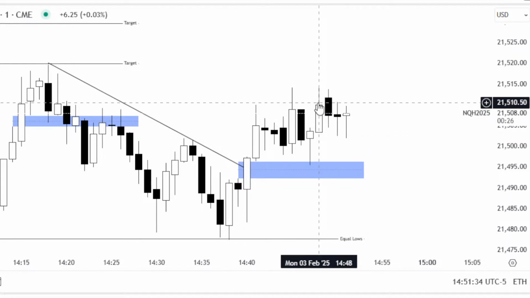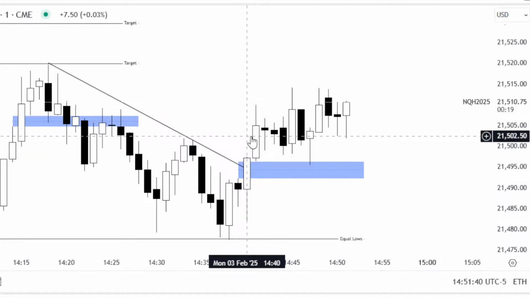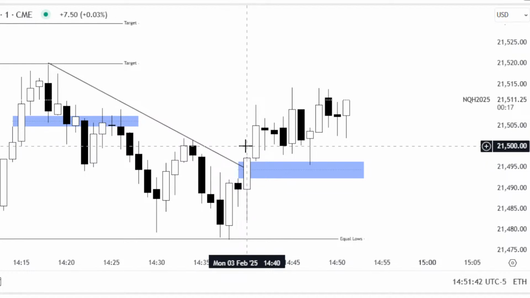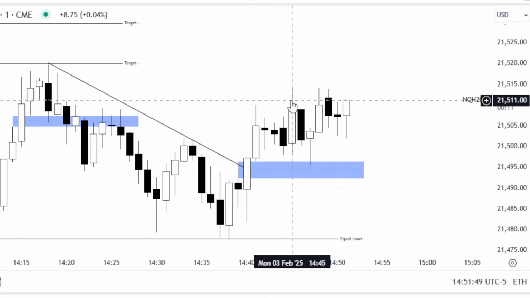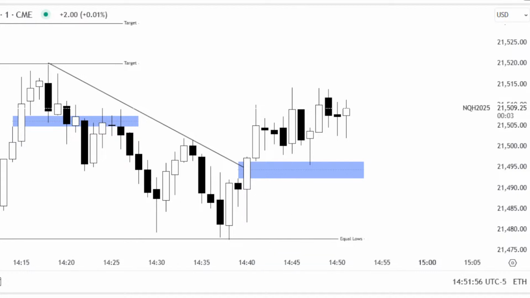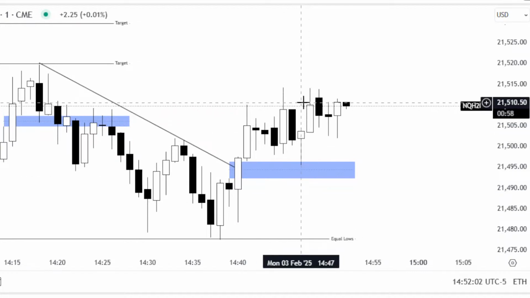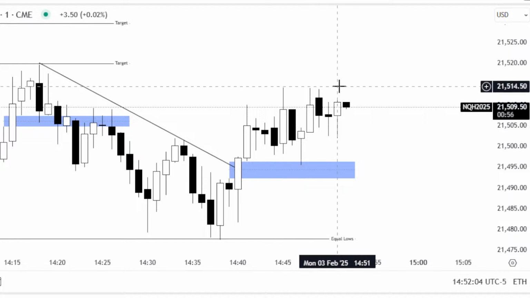If we close above here, maybe look to take a little bit of a long there. Might see a push up to here.